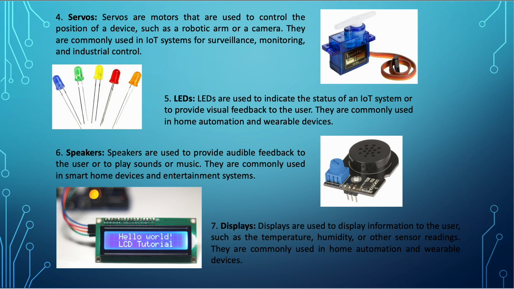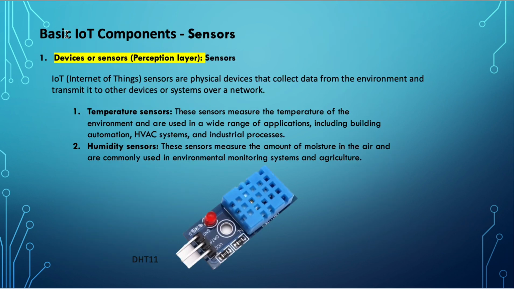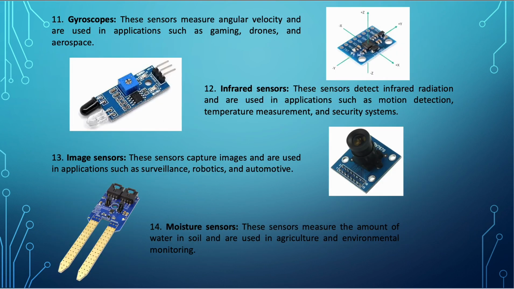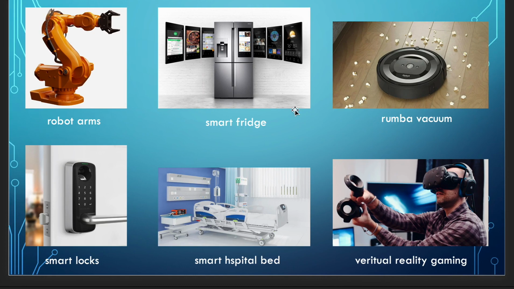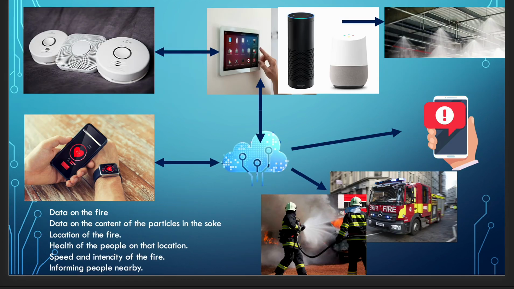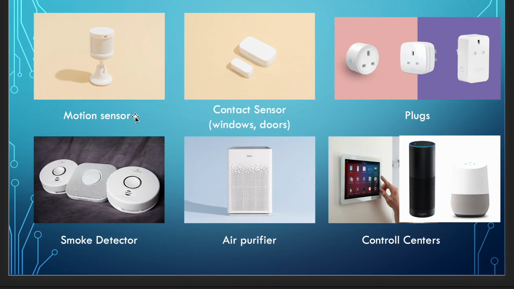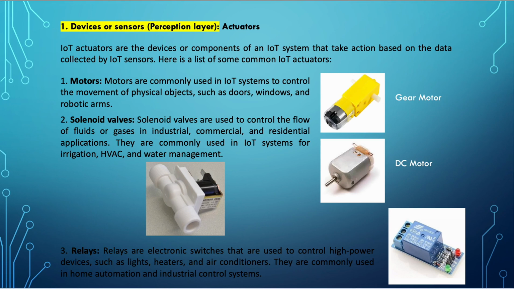So now you have a general idea of the perception layer, and you have a general idea of sensors and actuators, and how those sensors and actuators work together inside these IoT devices.